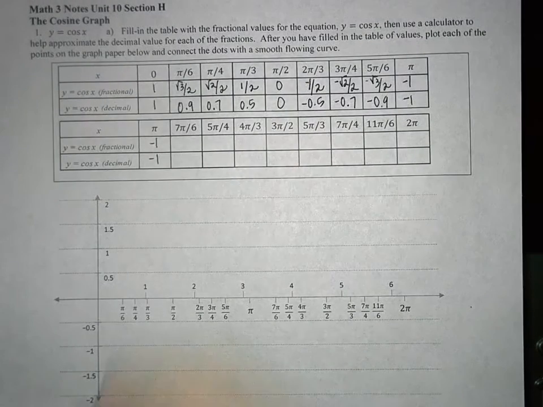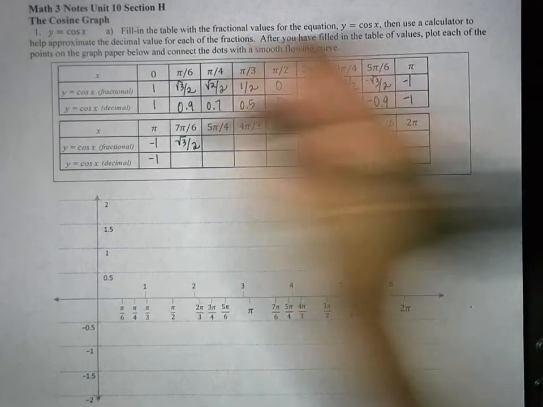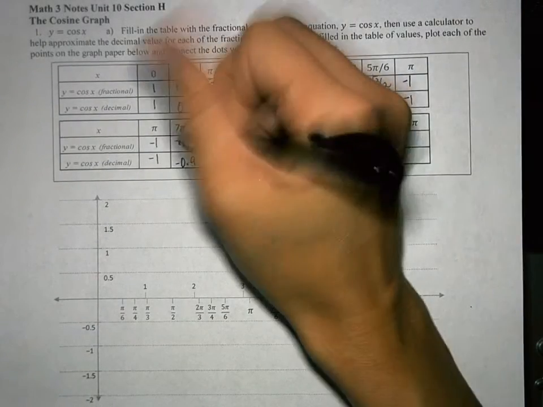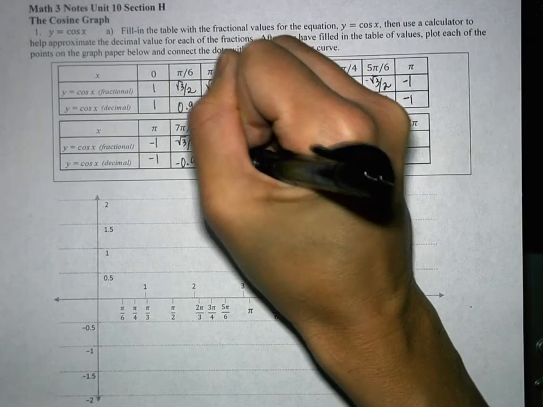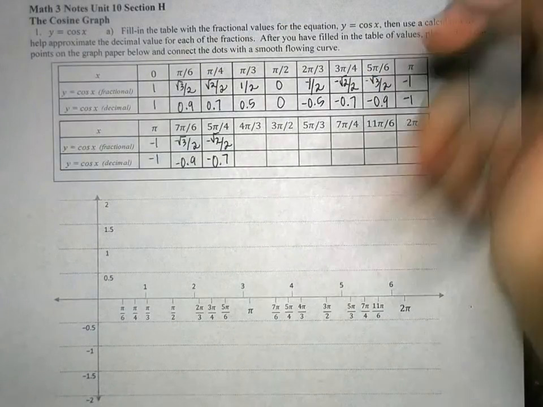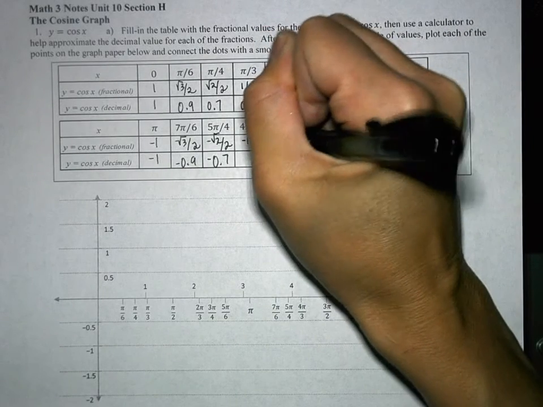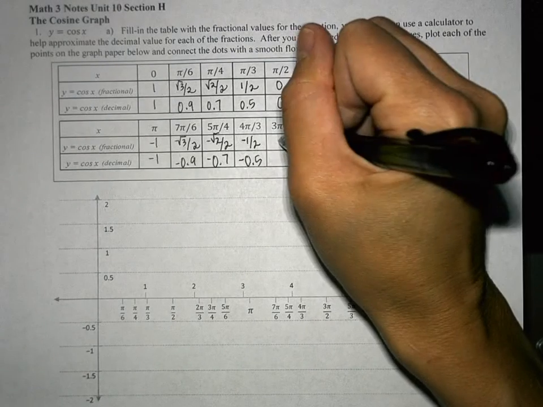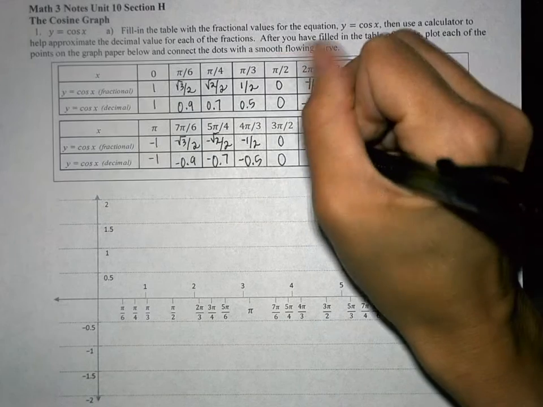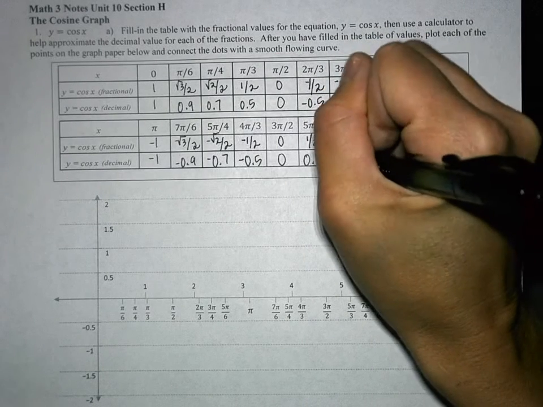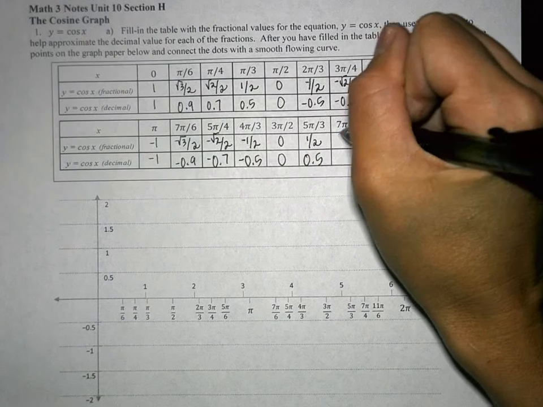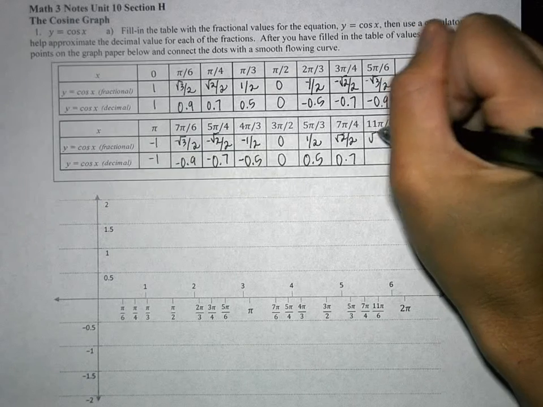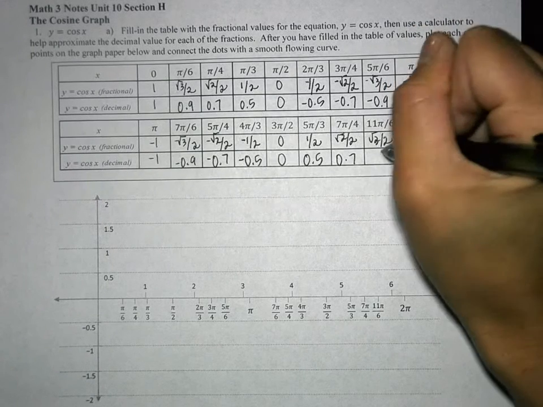7 pi over 6 is negative root 3 over 2, and that reduces to be good. 5 pi over 4 is negative root 2 over 2, which will be good, negative 0.7. 4 pi over 3 is good, negative 1/2, so negative 0.5. 3 pi over 2 is 0. 5 pi over 3 is 1/2, which is 0.5. 7 pi over 4 is good, which is 0.7. 11 pi over 6 is root 3 over 2, which is 0.9.